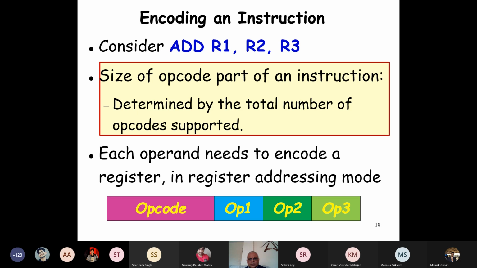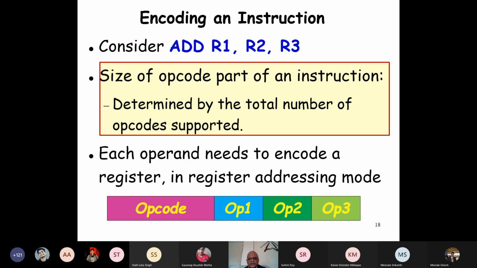We have 40 different types of opcodes. Yes, anybody like to answer? Six. Very good. 6. Because even though 6 bits gives 64, we still can have more opcodes. But for 40, the minimum number of bits required is 6.